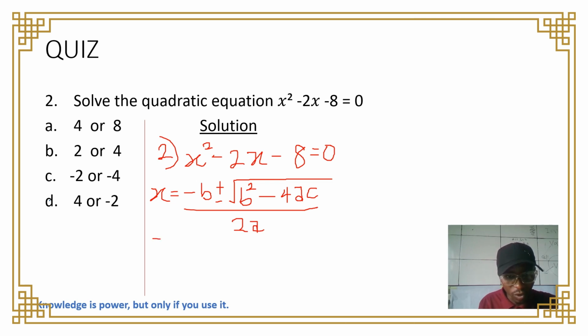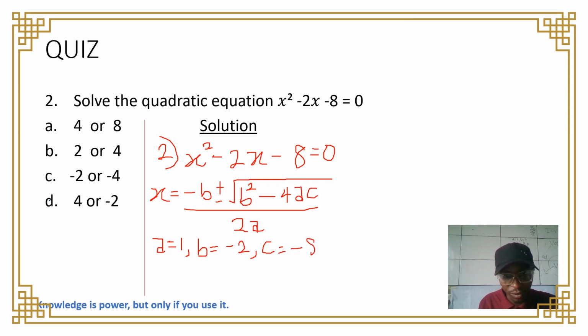The next thing is to get our constant values a, b, and c. Our a is the coefficient of x squared, which in this question is 1. Our b is the coefficient of x, which is -2. Our c is the constant value, which is -8.